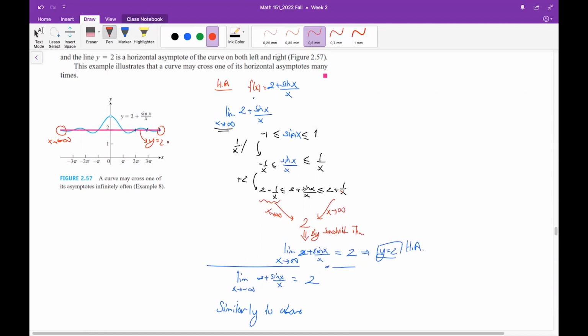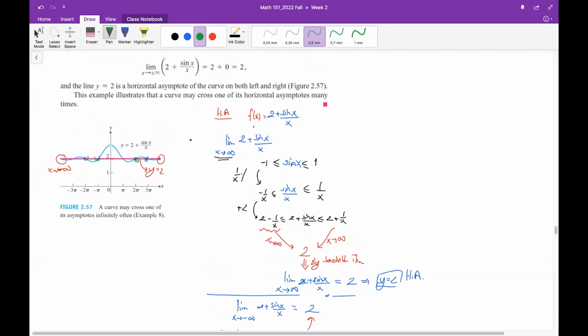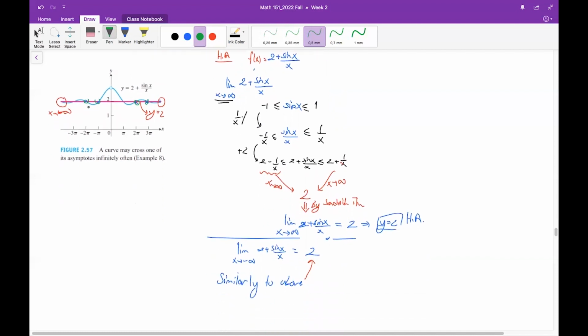And in this example, what you see is that your function may intersect its horizontal asymptote, okay? There is no rule that functions never intersect their horizontal asymptotes. No, this is not correct. In fact, your function may intersect its horizontal asymptote, as happens here. Okay, let's write this down.